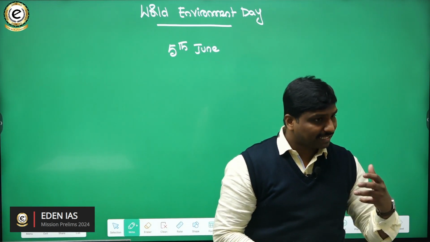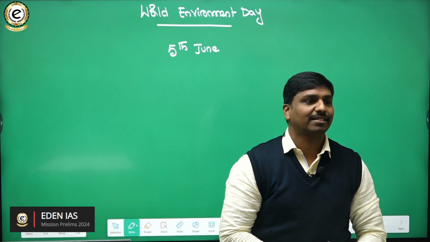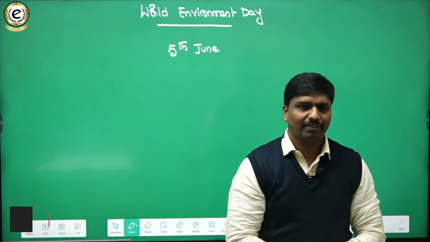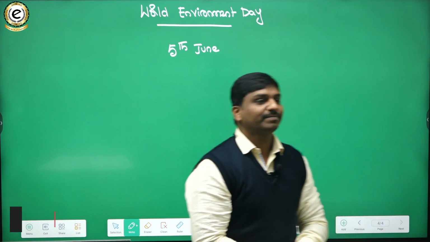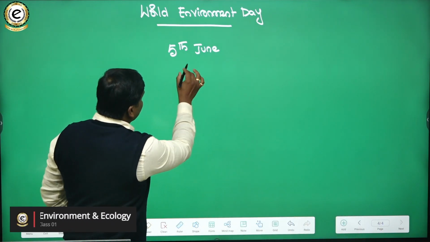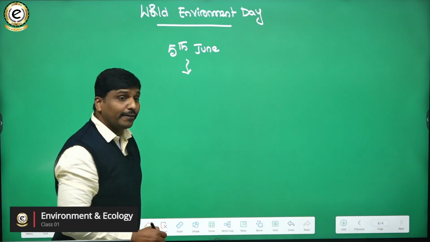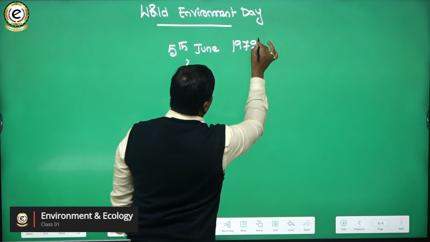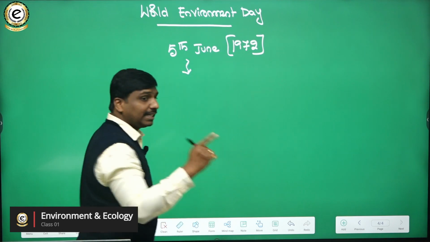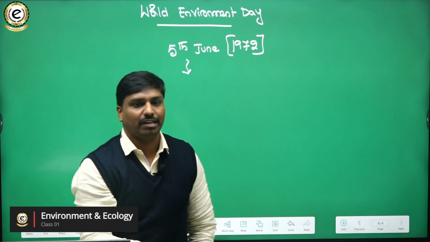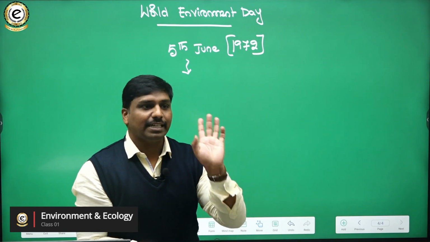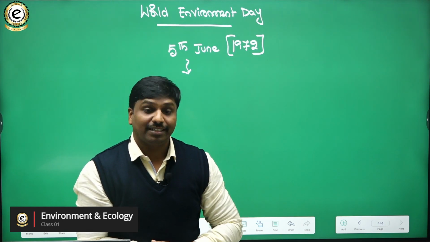And what is the context, why have we declared 5th June as World Environment Day? There should be a reason. On 5th June 1972, you remember the year, very important, 1972 is a landmark in environment and ecology. You have to remember it in your preparation.